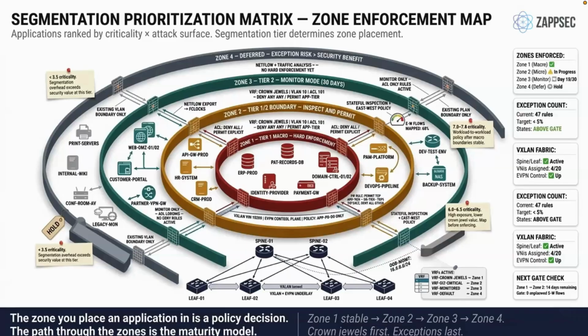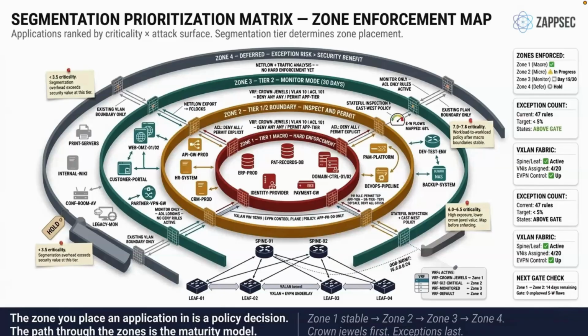Let's go with zone one. Zone one is tier one macro, hard enforcement. The policy label is on the ring, explicit on screen. VRFs are your crown jewels, VLAN 10 or, for example, ACL 101, deny any and permit app tier only. That is the basic concept here. Every device in zone one lives in a dedicated VRF.